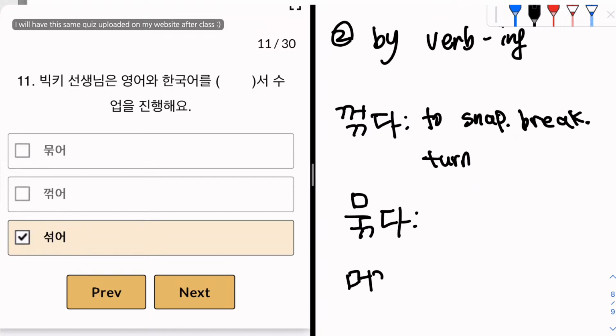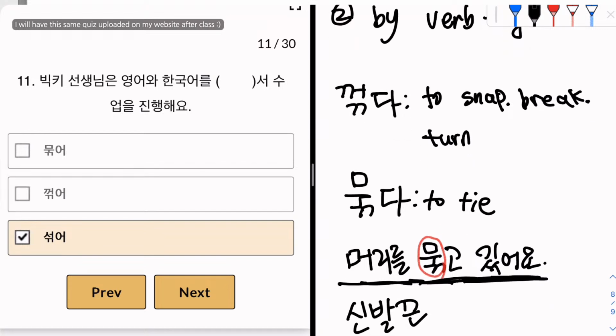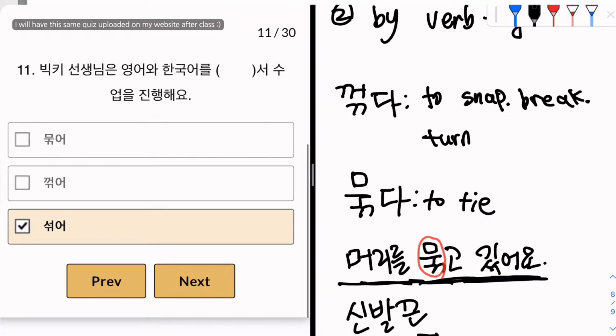What does it mean when you say 머리를 묶고 있어요? 묶다 means to tie. So 머리를 묶고 있어요 would mean you are tying your hair. Or you can also use it for shoelaces. You're tying your shoelaces. 신발끈, literally shoestring. 신발끈, shoelace. Alright, so the answer for number 11 is 섞어.